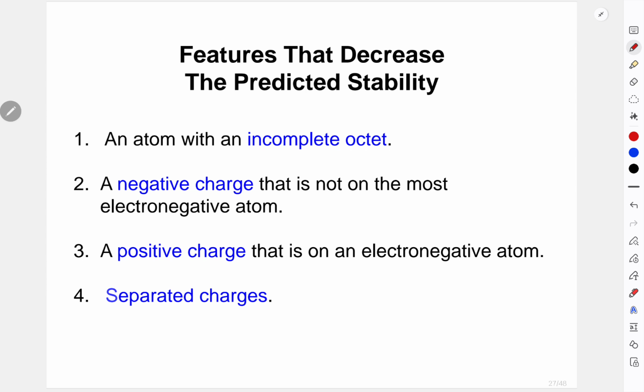Three, a positive charge on an electronegative atom, O plus for instance, is not good. And four, separated charge; compared to separated charge, a neutral system is better. These are the features you should remember when you want to compare the degree of contribution from two or multiple resonance contributors to the resonance hybrid.